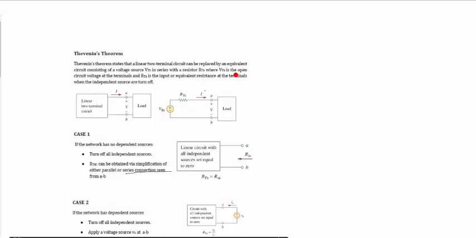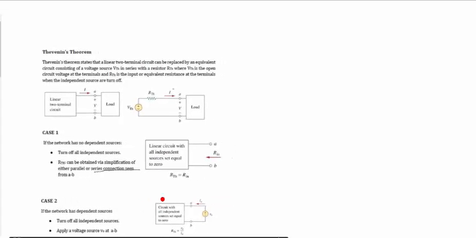Case 2 states that if there are dependent sources in the circuit, you turn off all the independent sources and add a 1 volt supply or a 1 amp current supply at terminals A and B. In that way you're able to find RTH and VTH.